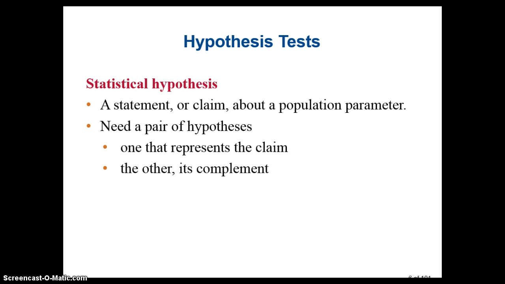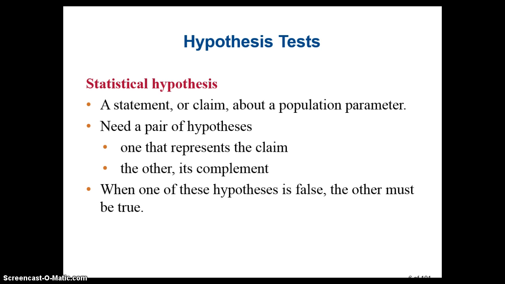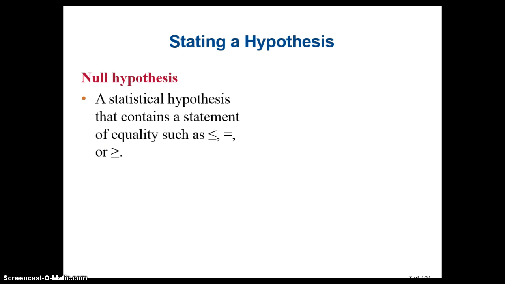One represents the claim in the problem that's given to you, and the other represents the opposite of that statement, which is called its complement. When one of those hypotheses is false, that must mean that the other is true. One of these statements is called the null hypothesis.